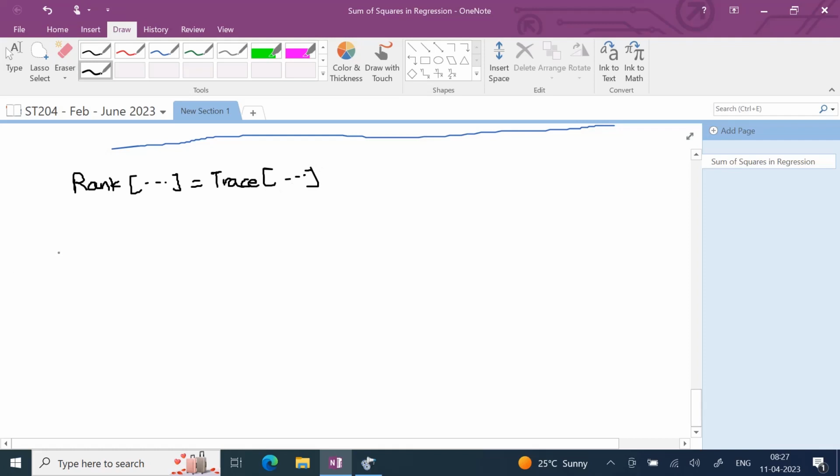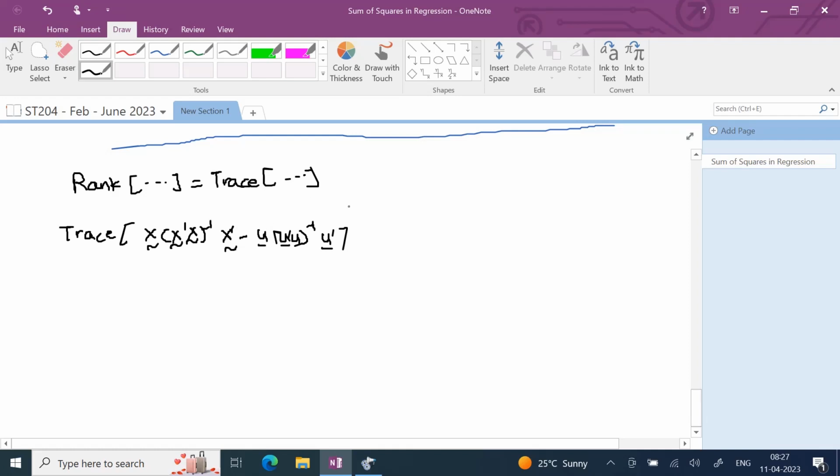So let me consider trace. So trace of the matrix X(X prime X) whole inverse X prime minus U(U prime U) whole inverse U prime.